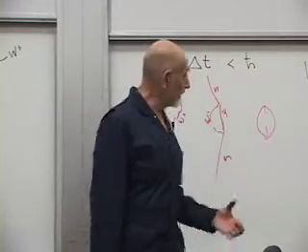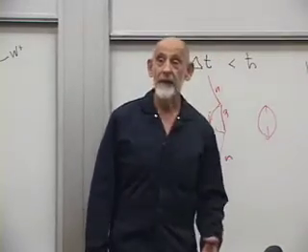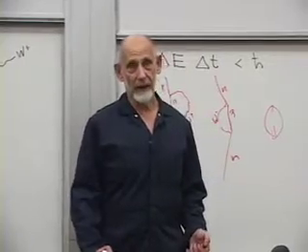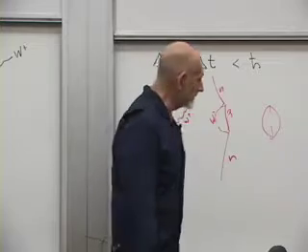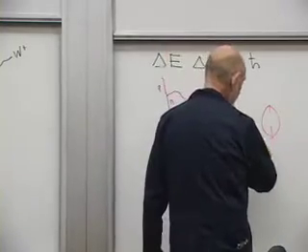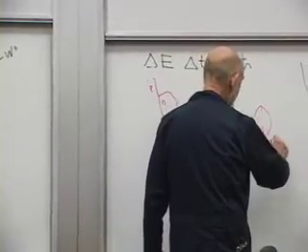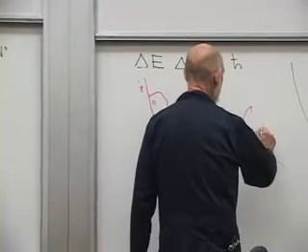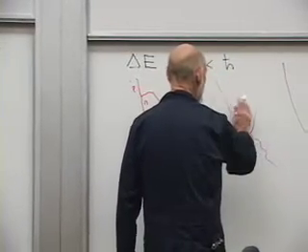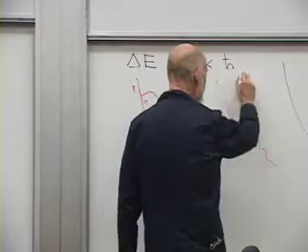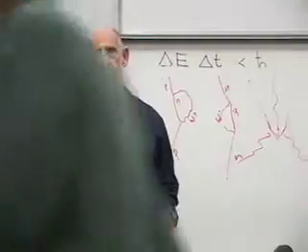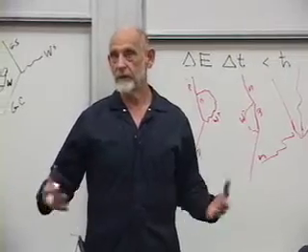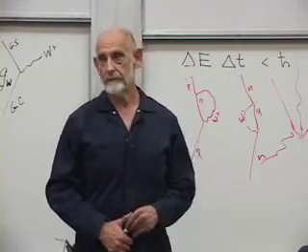That means that that pair can only last for a short time. And I say, okay, I would like to see that pair. So you send in some very high frequency photon, or a pair of very high frequency photons from opposite sides, and guess what? You sometimes make electron-positron pairs with an extra photon in them. So you knock the hell out of that vacuum fluctuation, and you discover pairs of particles.